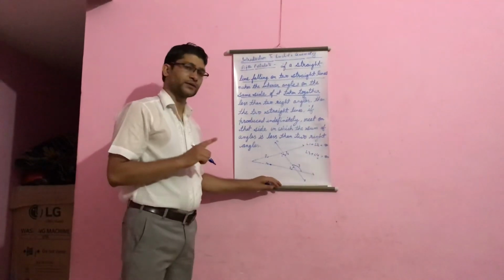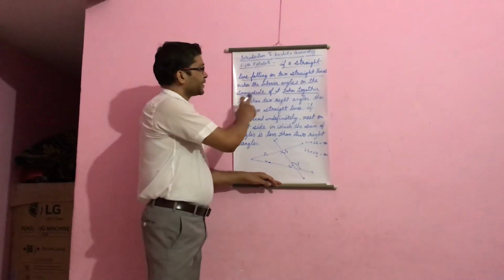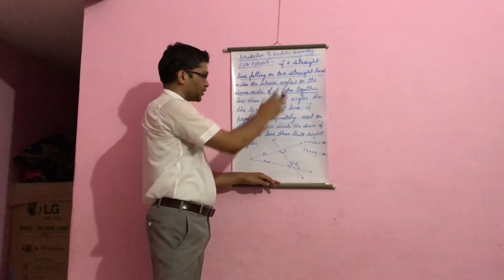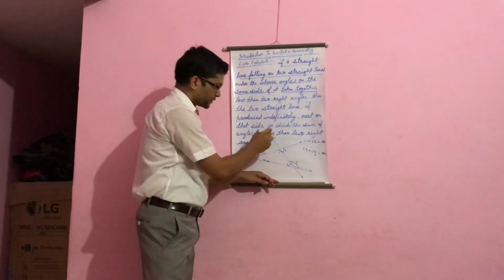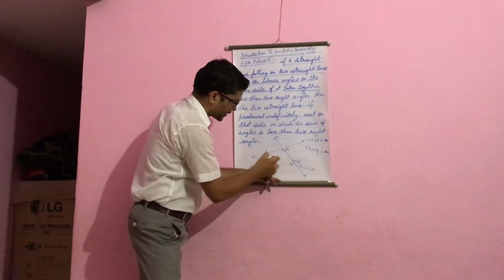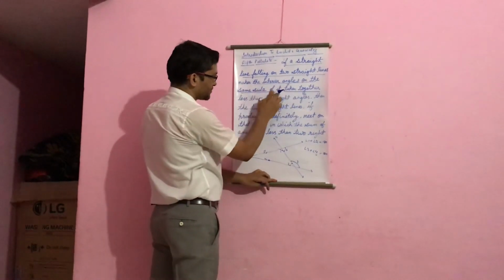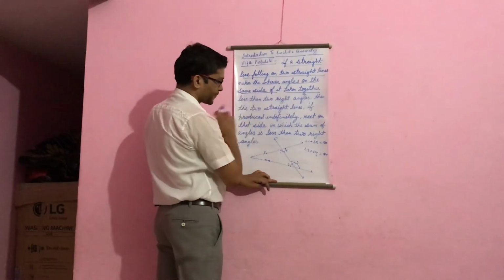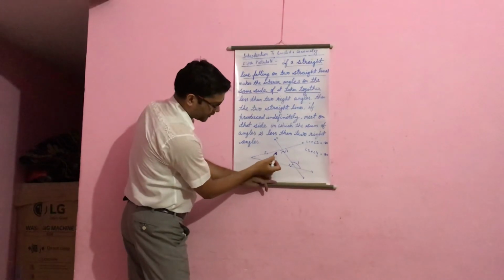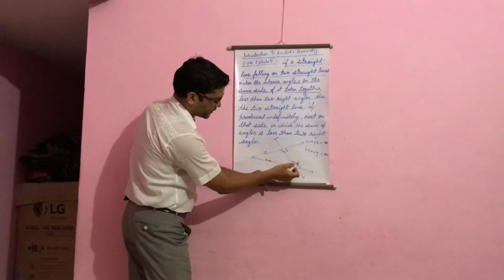Once again I am reading this statement. If a straight line falling on two straight lines, this straight line N falling on two straight lines L and M, makes the interior angles on the same side of it taken together, angle 1 and angle 2 and angle 3 and angle 4.